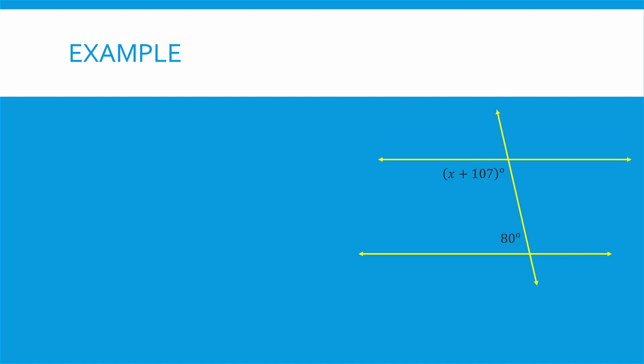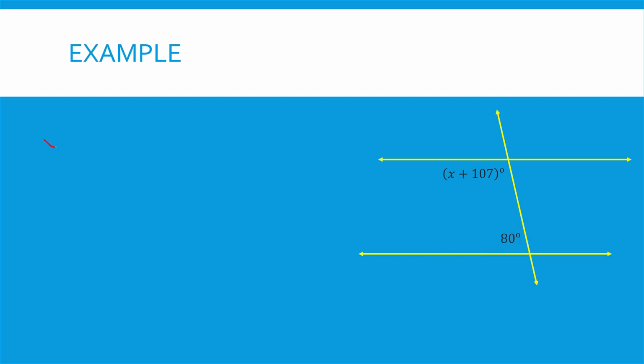So let's look at the relationship that consecutive interior angles have. Taking this top intersection, if we slide it down, we can see that x plus 107 degrees is going to slide down underneath the 80 degrees. These two angles would make a linear pair. Linear pairs we know are supplementary, so consecutive interior angles are also supplementary.